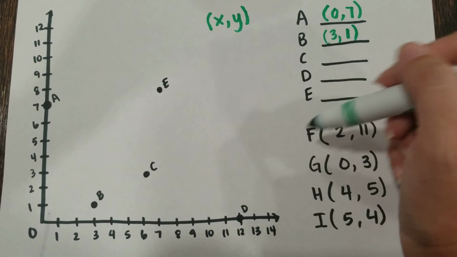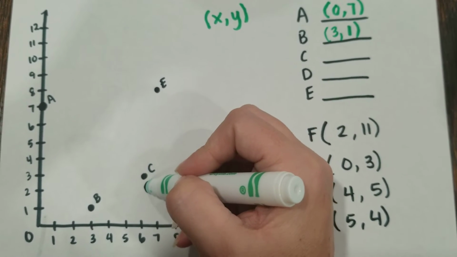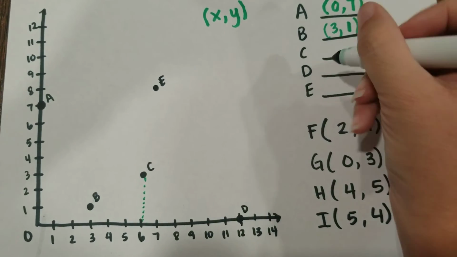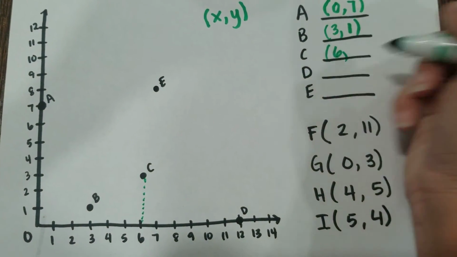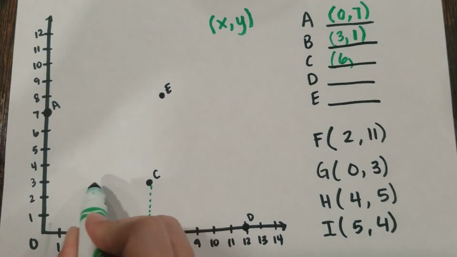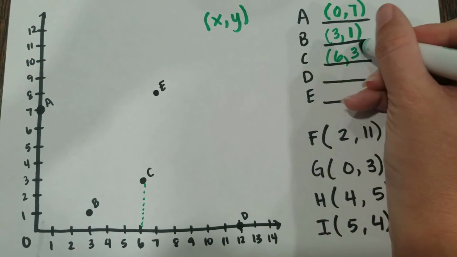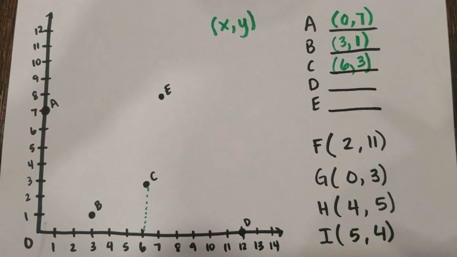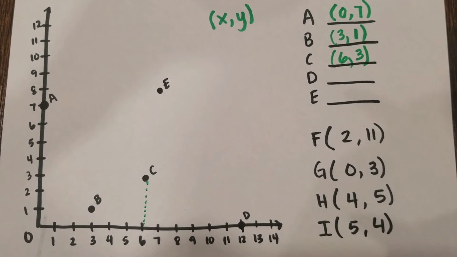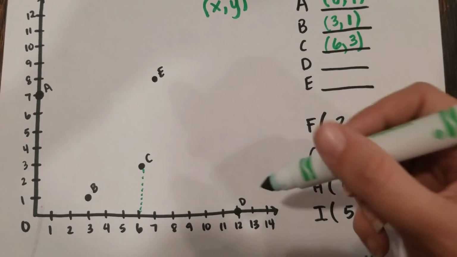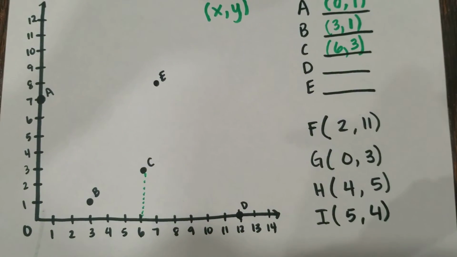Okay, C, I've got to find C. Here it is. First, we look down at the X coordinate, and we've got 6. Okay, and then we look over for the Y coordinate, and we've got 3. So my ordered pair is 6, 3 for point C. All right, another one, point D. Point D is right here.